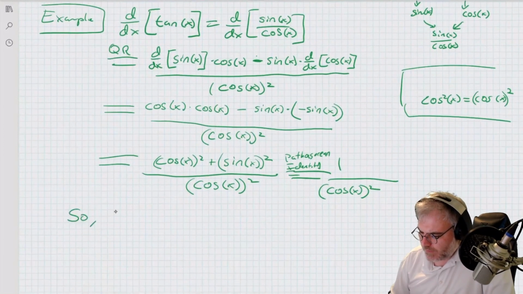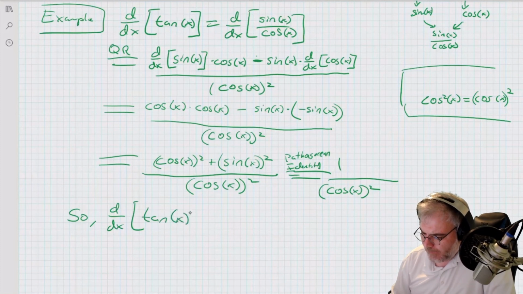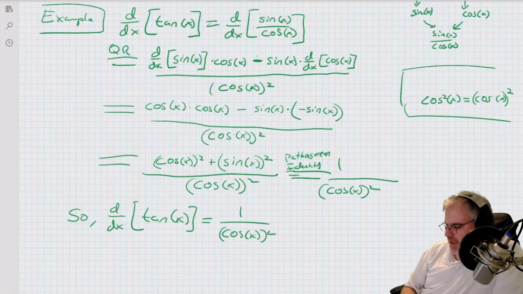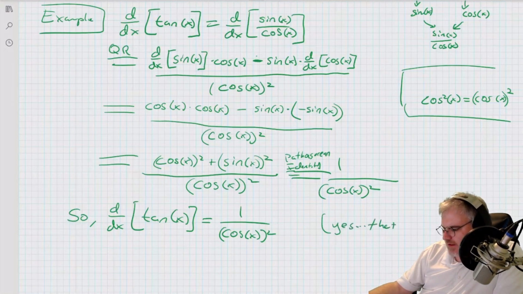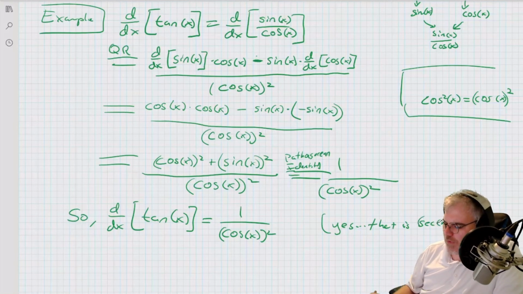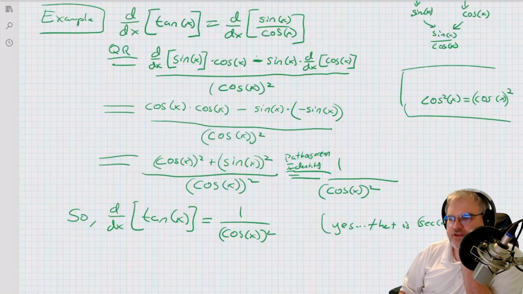So d over dx of tangent of x equals 1 over cosine of x squared. And if you recall, that's secant of x squared. Secant, who cares? But the point is, now I have a formula for the derivative of tangent. Are there any questions?